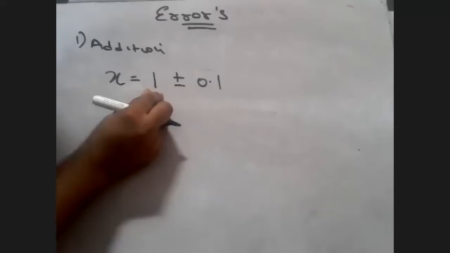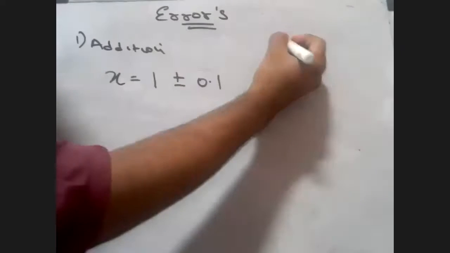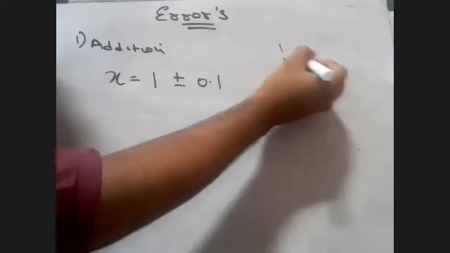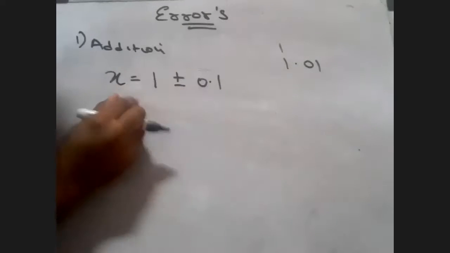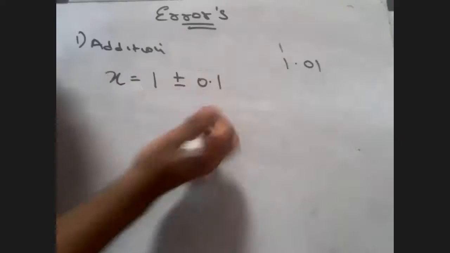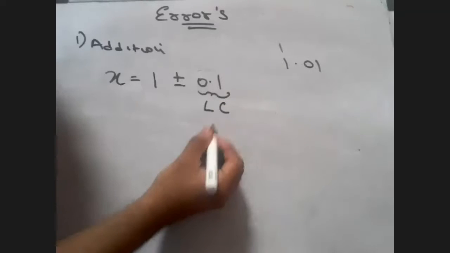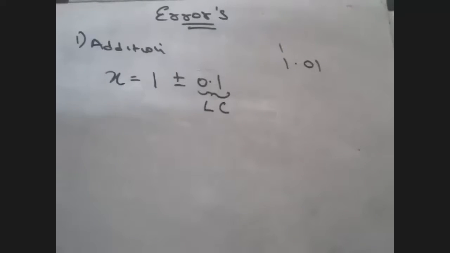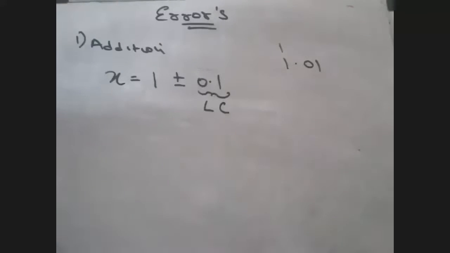I took this measurement so many times, and somewhere I got 1, somewhere 1.01. So this is my total x, 1 plus or minus 0.1, where this is the least error I can make. You remember the least count concept, all of you? The least error that I can make here is 0.1.